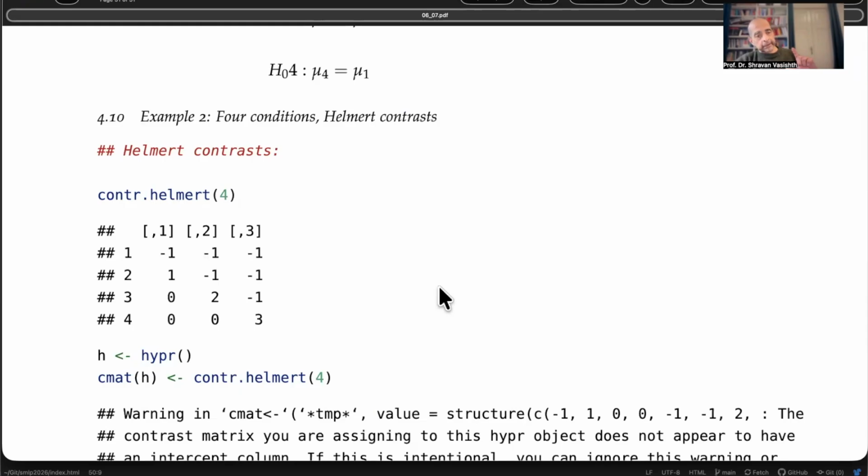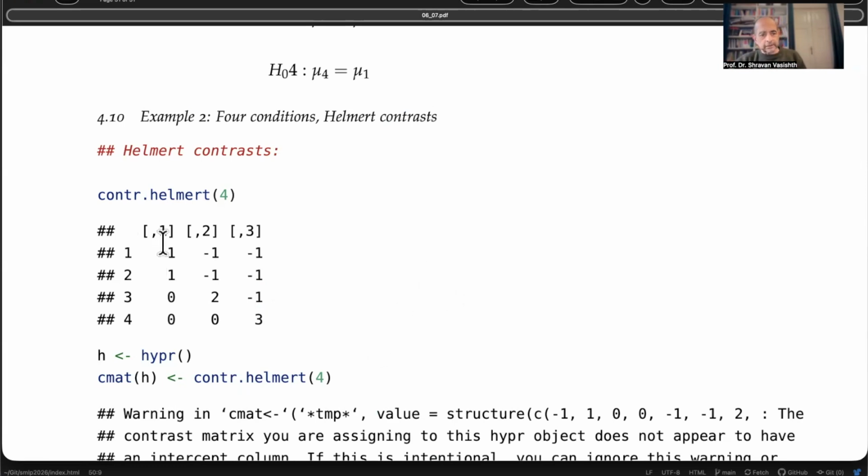And you can compare the mean of the first two conditions with the third condition. And you can compare the mean of the first three conditions with the last condition. So it's a kind of stepwise comparison of sets of conditions here, right?